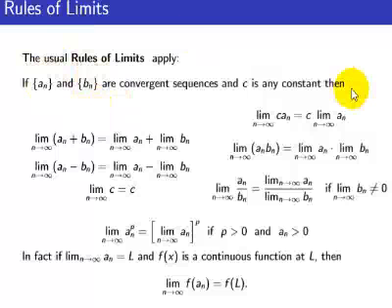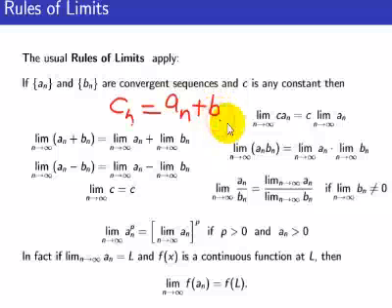So if you define C sub n is equal to the sum of A sub n and B sub n.